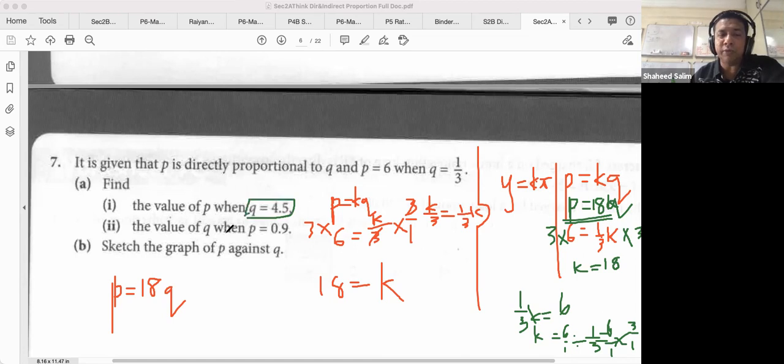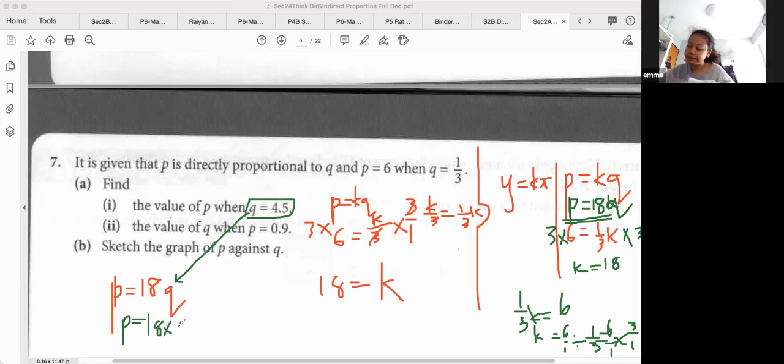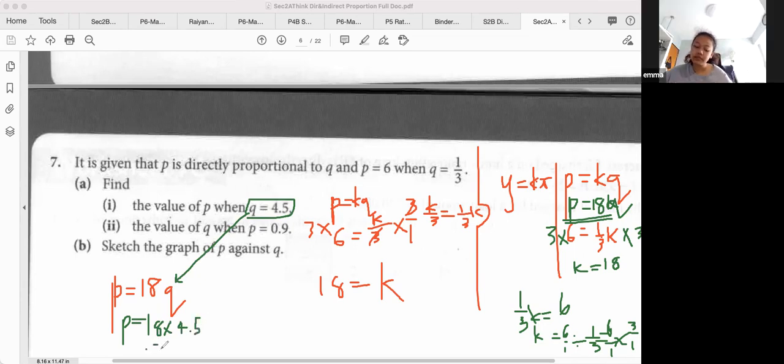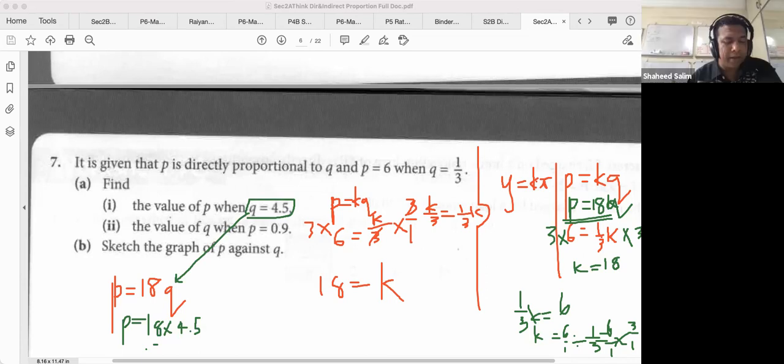I substitute this value inside now here. So I get P equals to 18 times 4.5. And then I will get the answer, which is, let me see, 81. Can you try the next one then for part 2?